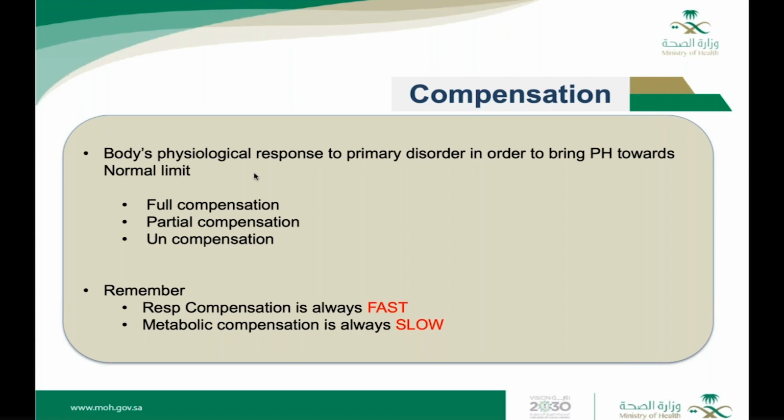If the cause is respiratory, why the pH is changing, either going above or lower than normal, then metabolic will take over the compensation. But remember that metabolic compensation is always slow, and respiratory compensation is fast.